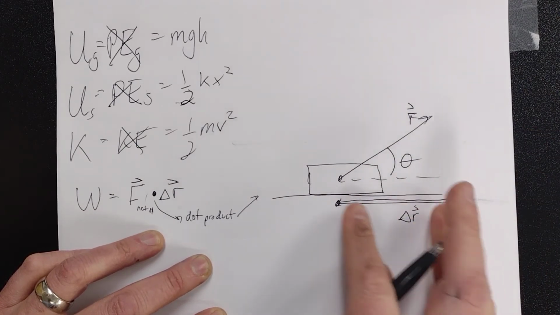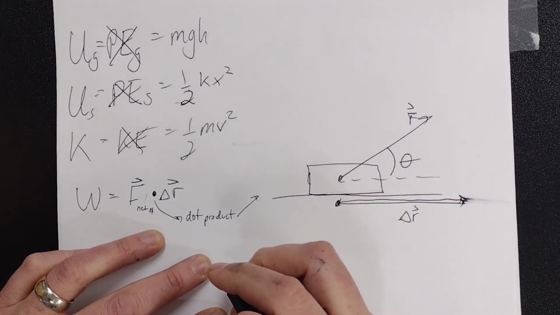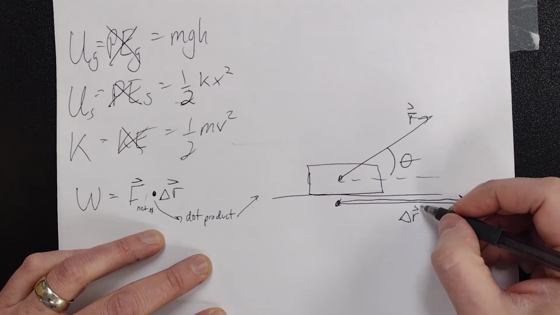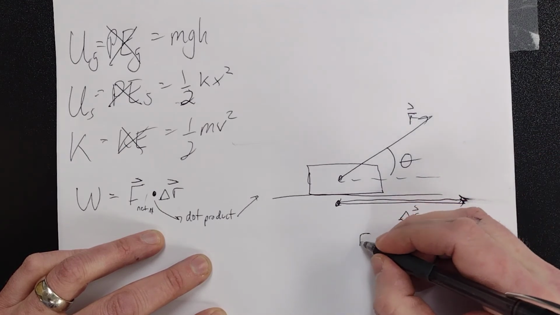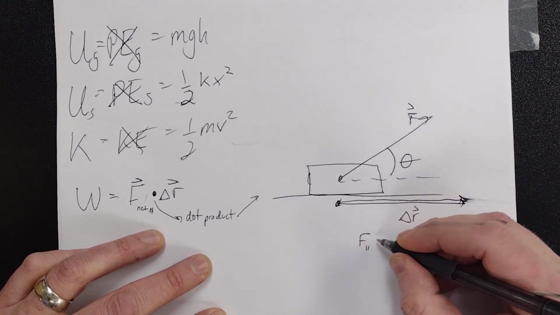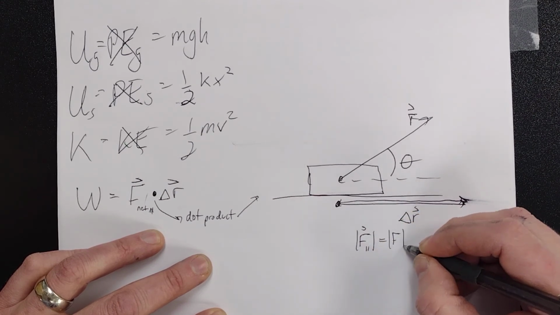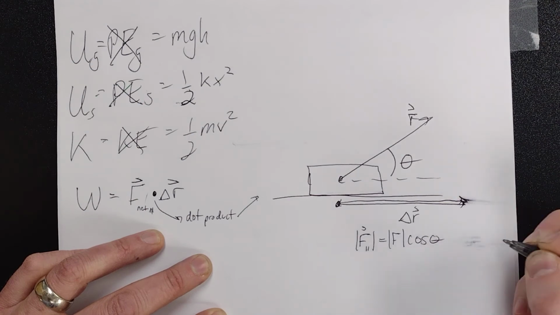I need the component of F parallel to r, and the magnitude of F parallel is equal to the magnitude of F times the cos of theta.